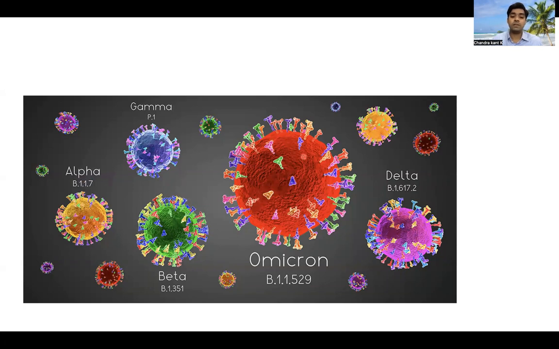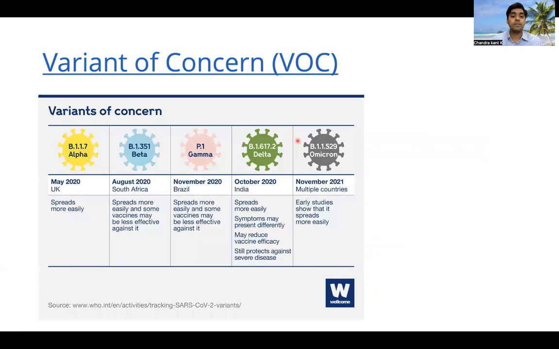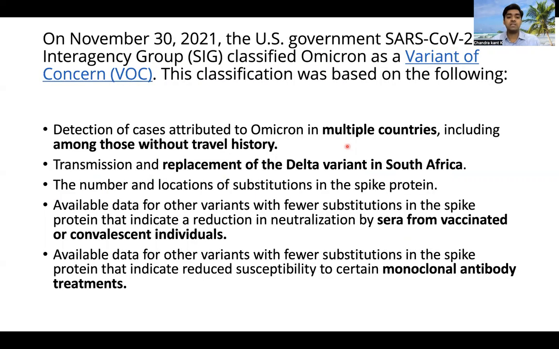Now the Omicron is the variant of concern. The variant of concern in May 2020 was alpha, in August 2020 in South Africa it was beta, in November 2020 it was gamma, in October it was delta, and now in November 2021 it is Omicron. So each mutant is replacing the previous virus, becoming a variant of concern. So the variant of concern is changing.